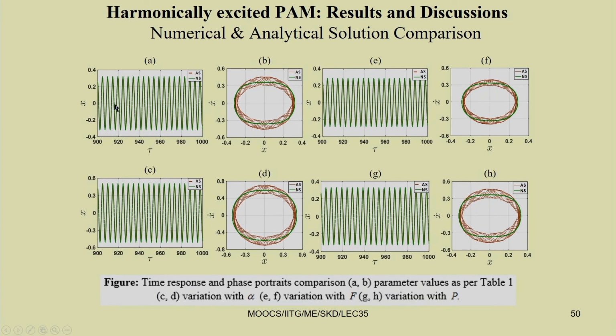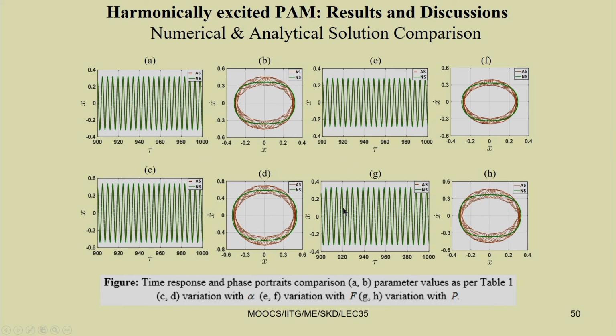Initially there is a comparison between the response obtained from this method of multiple scales and by solving the original equation using the Runge-Kutta method. You can see that it is closely matching. This is the numerical solution and it is closely matching.